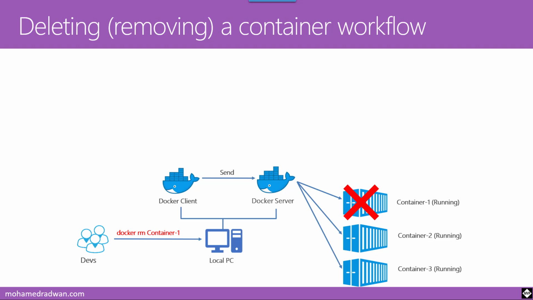Of course, I can't delete a running container. I just need to stop the container first. But here, to simplify the commands, stop the container first and then execute docker rm container1, and this will completely remove the container from your machine. So you will not be able to retrieve this container again.